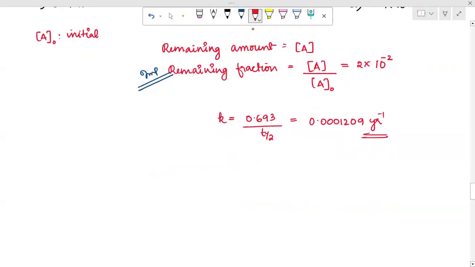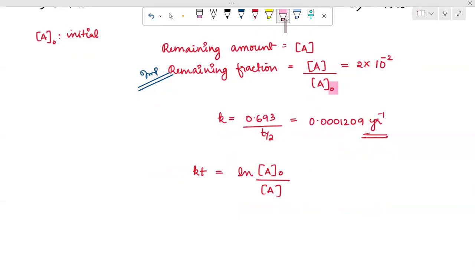Now we need to find time, for which you will be using the integrated rate equation. Kt is equal to ln A naught by A. Understand, here we have A by A naught.